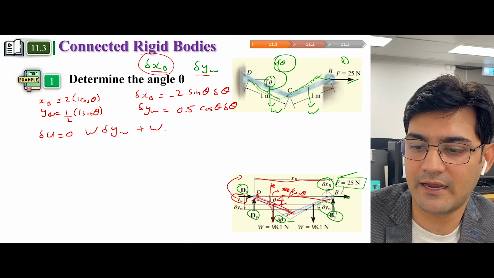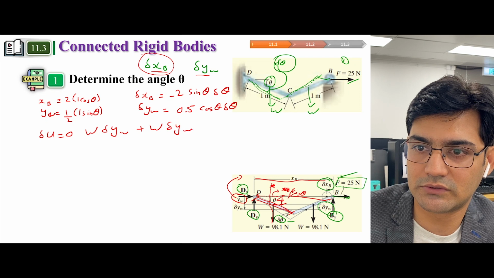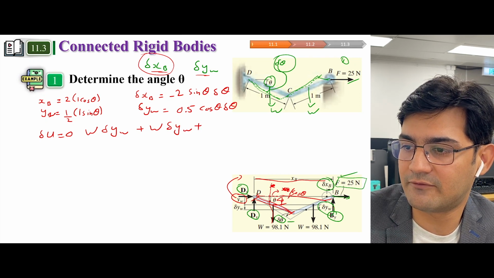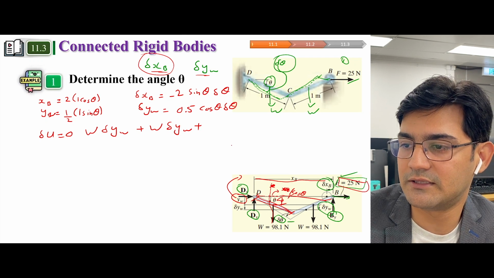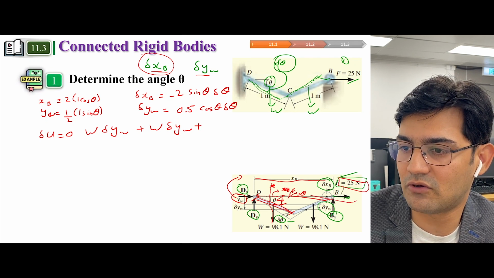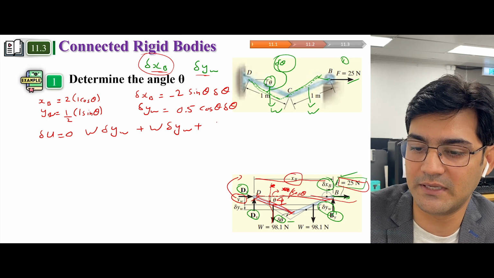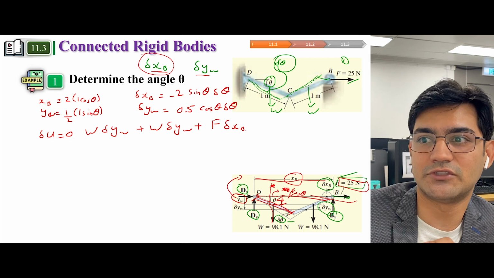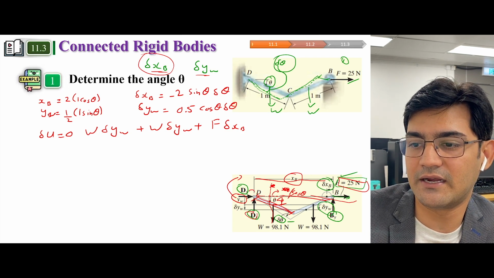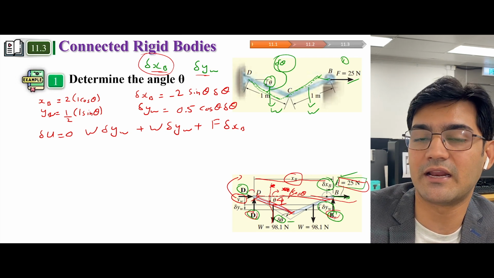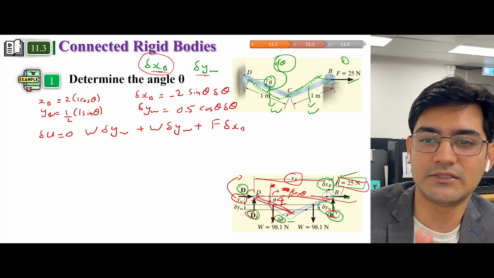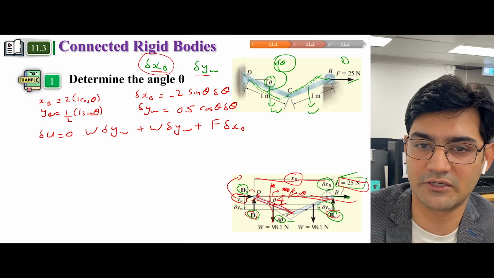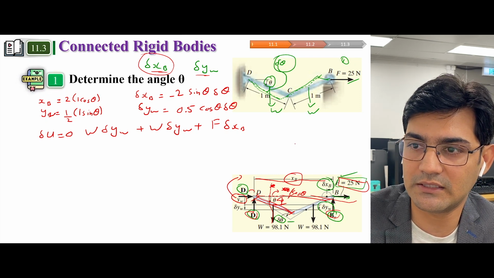And similarly we have two weights, so we will apply 2, and also we have this force, and this force is acting in the direction of xb. So force has delta xb. Now there are other forces also, for example dy, dx and by, but these are acting in other directions, not in the directions of xb or yw, so we will not consider these, and this should be equal to 0.